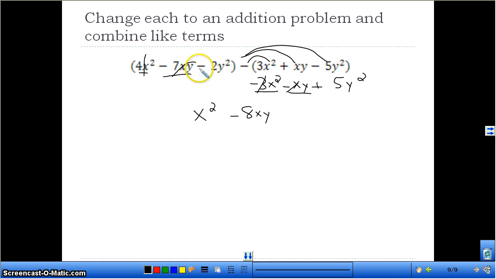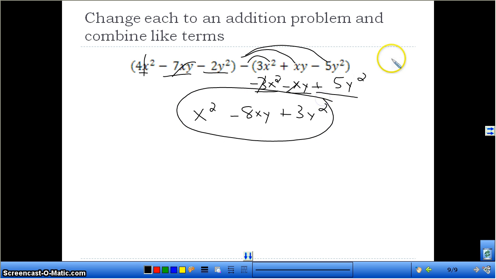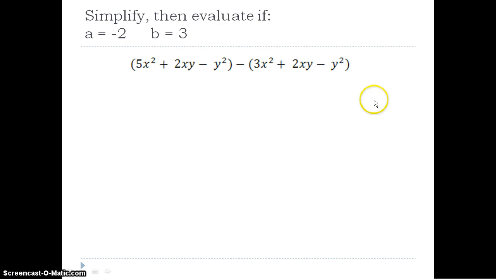Done with those. Negative 2y squared plus 5y squared is going to give me a positive 3y squared. None of these are alike, so I can't combine it any further. So I am finished with this problem.